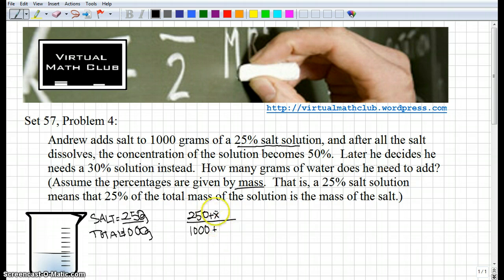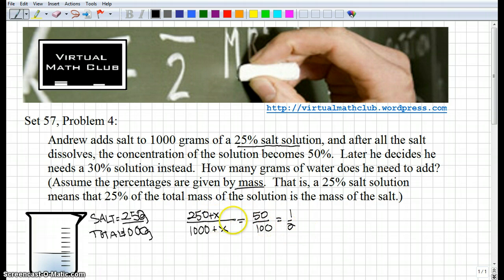And when we add x grams of salt, we also add to the total mass of the solution. We're told that it is 50%, so that's 50 out of 100, or we could say 1/2. 1/2 might be a little easier to work with, because in order to solve this, we need to cross multiply.